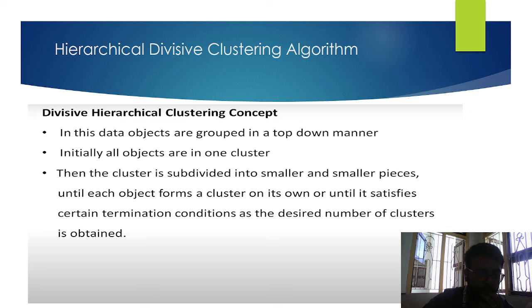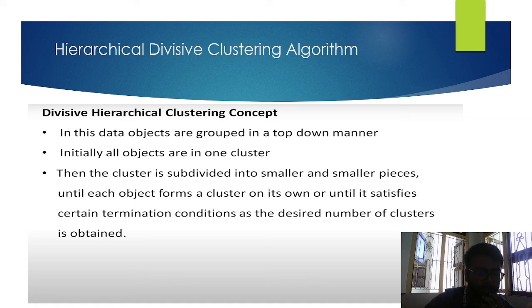So we start dividing the initial cluster into smaller pieces until every object is divided into a single cluster, or until we meet a certain termination criteria to stop the clustering algorithm.